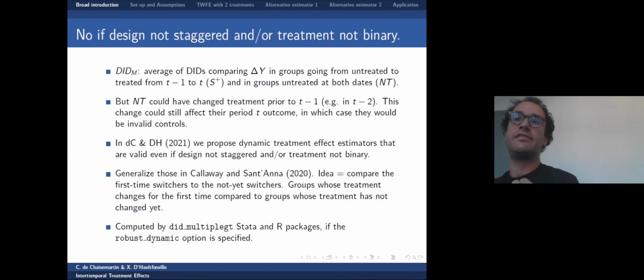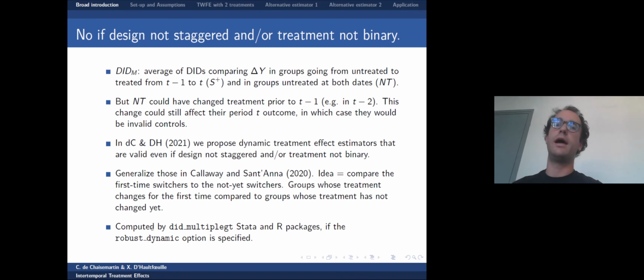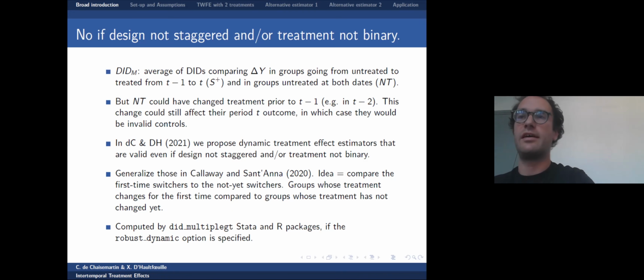When the design is not staggered or the treatment is not binary, you're going to compare the first time switchers to the not yet switchers. You're going to compare groups whose treatment changes for the first time at T to groups whose treatment has not changed yet at T. And those estimators are also computed by our Stata and R DID multiple GT packages if the robust dynamic option is requested.